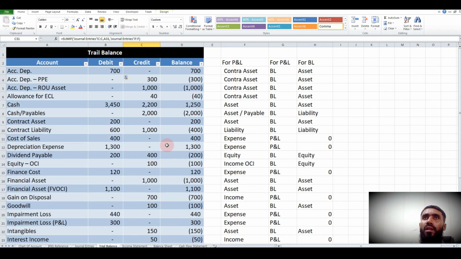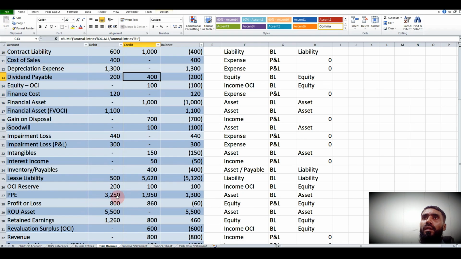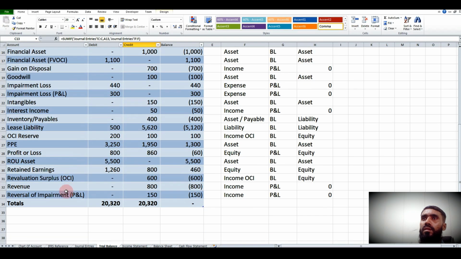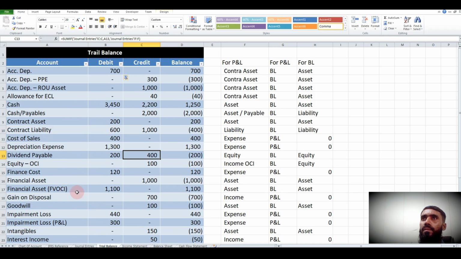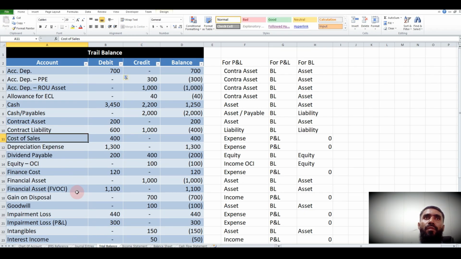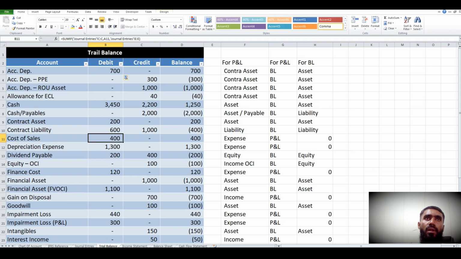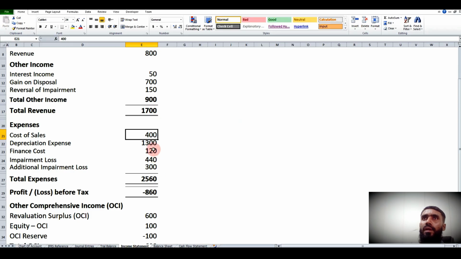Cost of sale, here is the 400. Let me find the cost of sale. Here is the cost of sale 400.